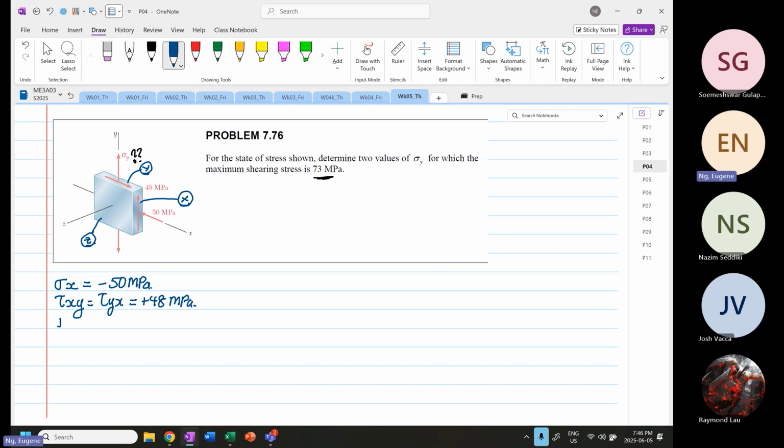And stress Z is equal to 0 megapascal. And shear XZ is equal to shear ZX, also equal to 0. Shear YZ is equal to shear ZY, and this is also equal to 0.